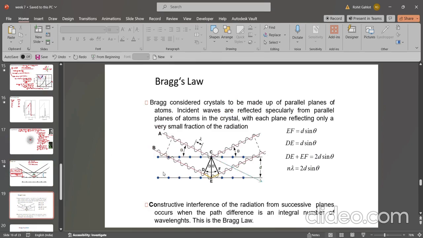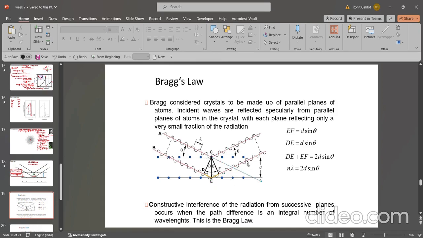Now if we look deeper into Bragg's law, it considers crystals to be made up of parallel planes of atoms. These are the parallel planes of atoms, and the incident beams are reflected specularly from these parallel planes in the crystal, with each plane reflecting only a very small fraction of the radiation.